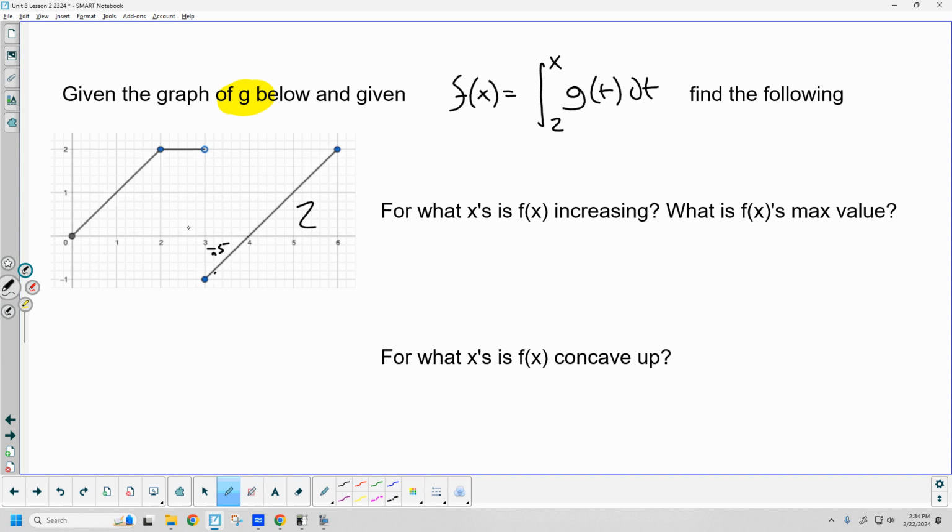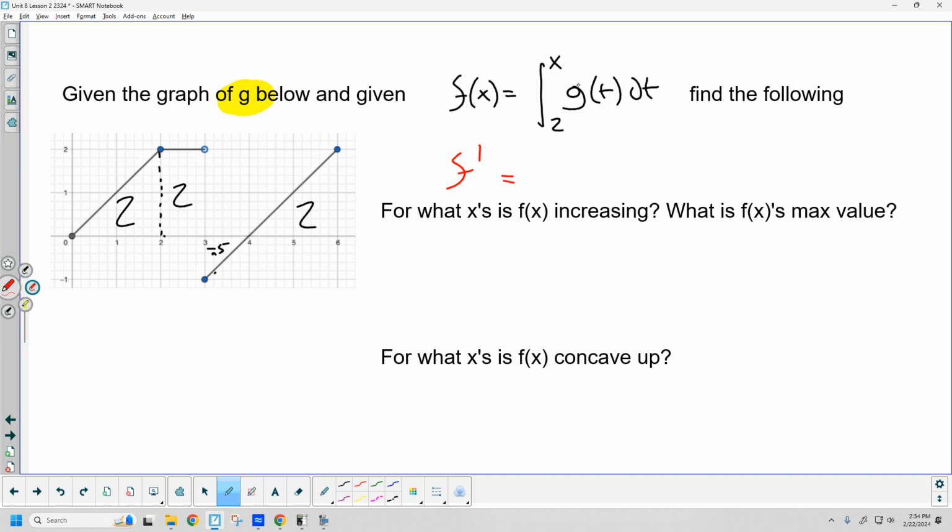Oh, it's backwards. Yes. I mean, you can just think about taking the derivative, f prime, derivative of an integral.